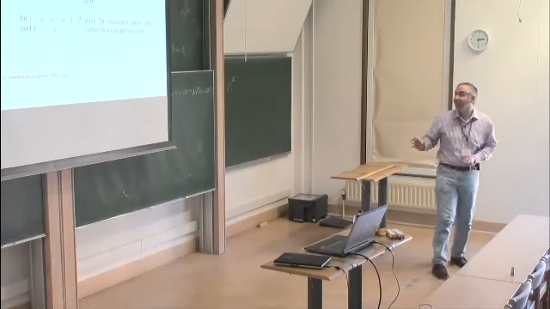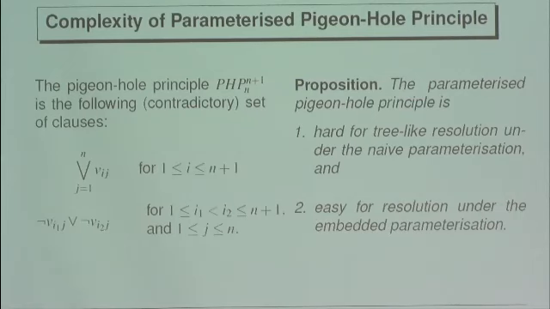Embarrassingly enough, we set as an important open question proving a parameterized lower bound for the pigeonhole principle. You will see in a minute why this was embarrassing. So we first observed that under the embedded parameterization, the pigeonhole principle was easy.